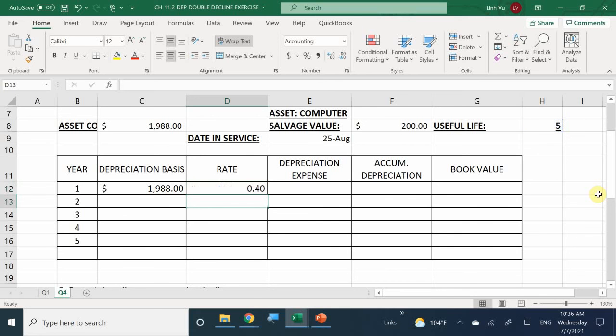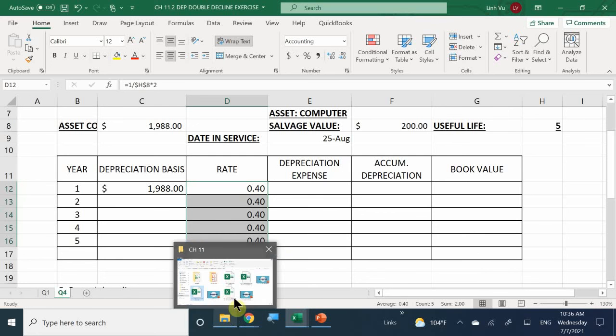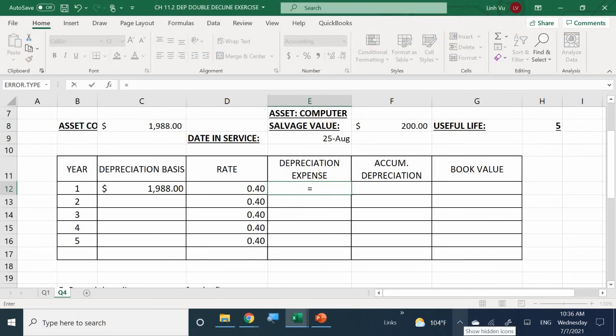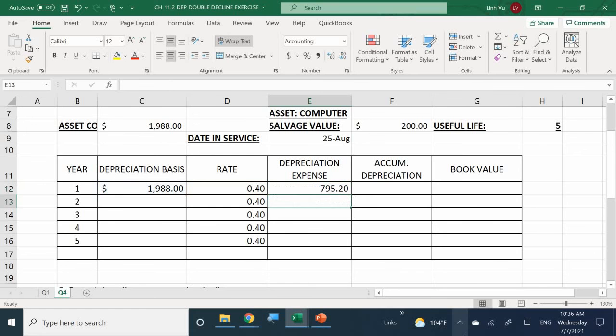And we know that this rate will stay the same all the way through. Right? And then I have the depreciation expense at 265.07.